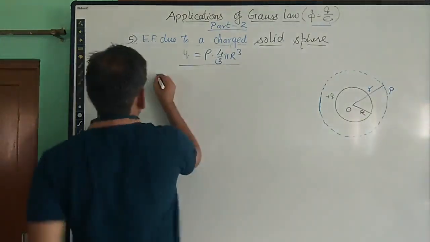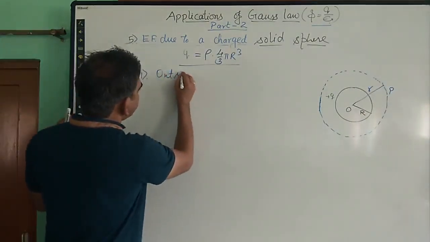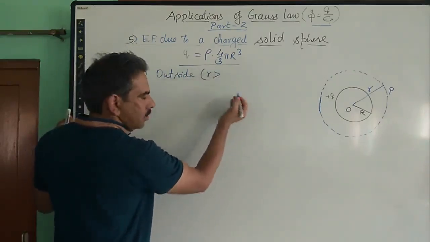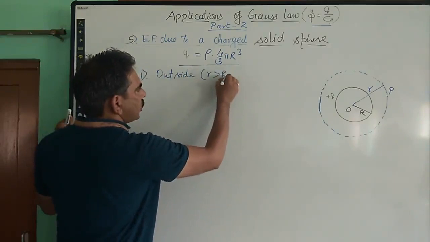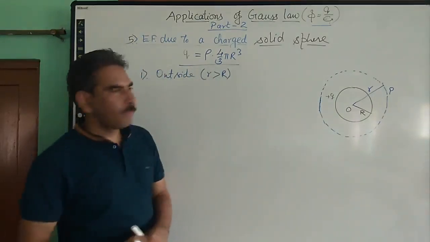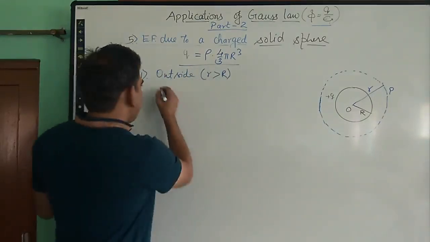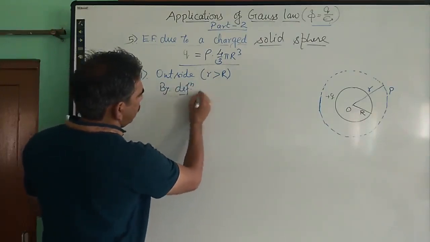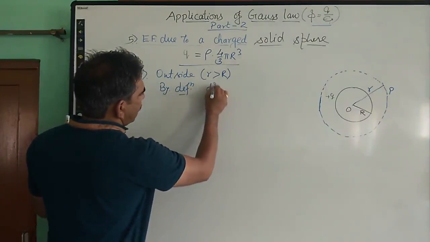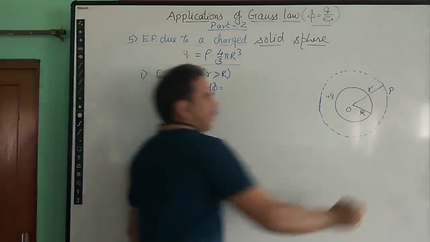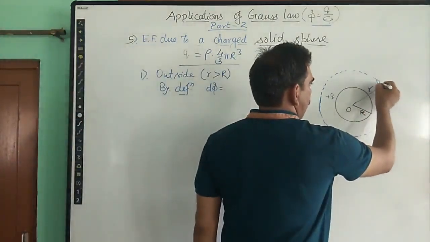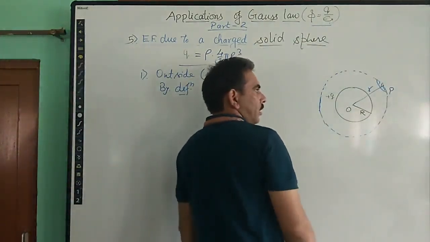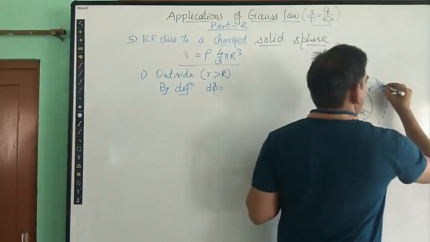So for a point outside, where the radius of the Gaussian surface is more than the radius of this solid sphere, we extend the discussion in similar steps. By definition, the small electric flux is due to a small area element, so we consider a small area element around this point where we want to find the electric field, which is directed radially outward.